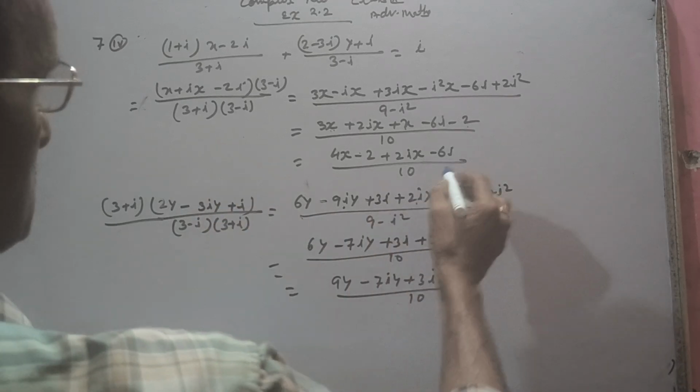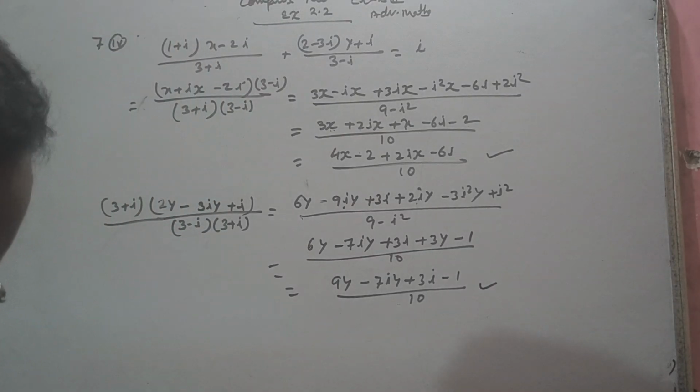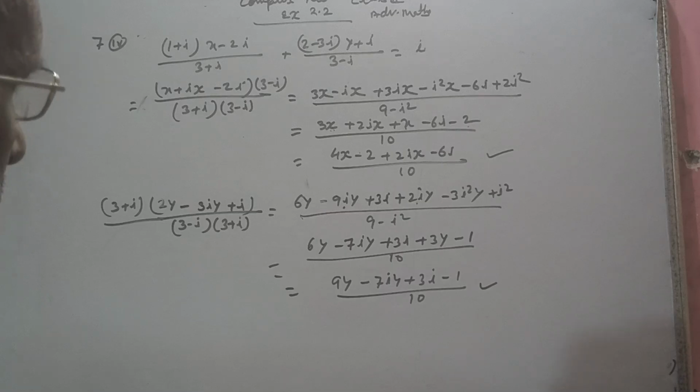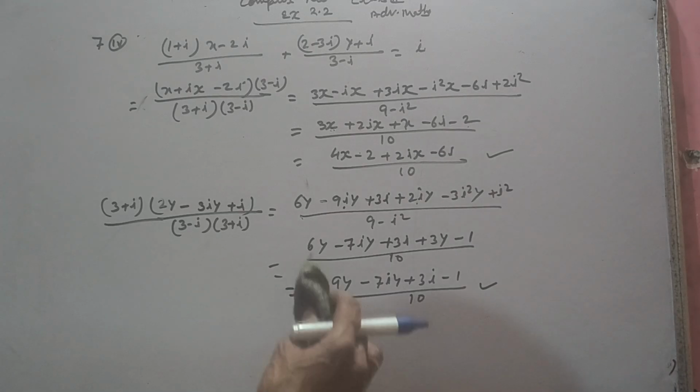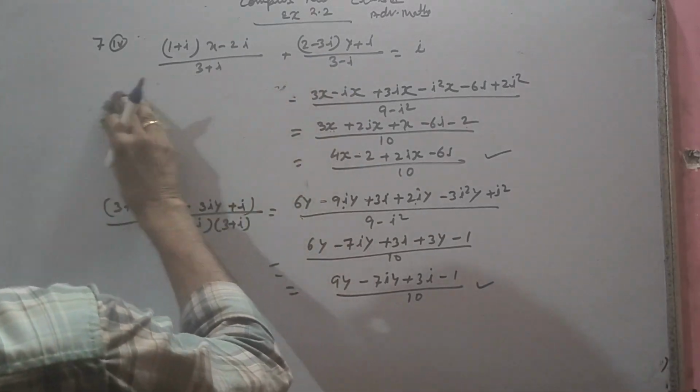This is the first expression value and this is the second expression value. So therefore, the given expression will be... should I omit here? No, this value is here. So I will omit this.